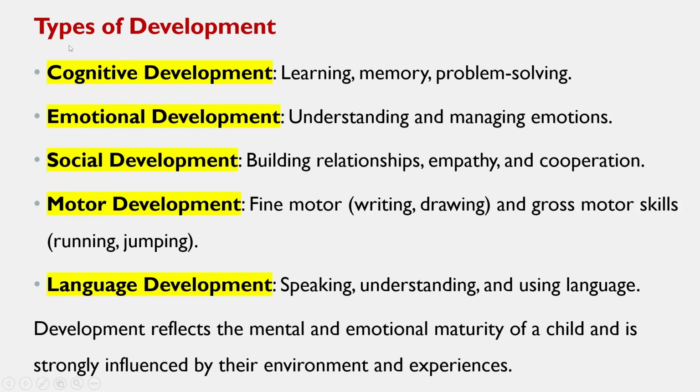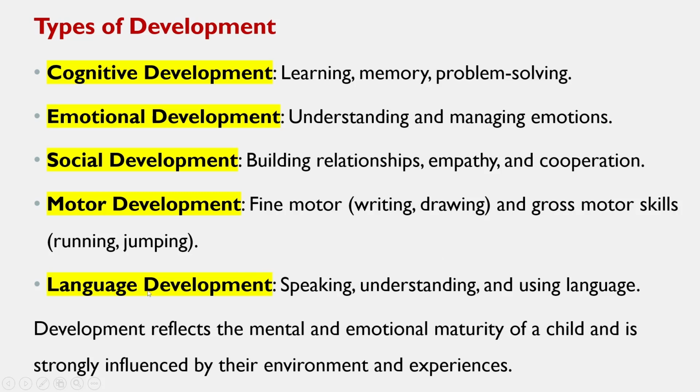Now we are going to discuss the types of development. First is cognitive development, which involves learning, memory, problem solving. Emotional development, understanding and managing emotions. Social development includes building relationships, empathy and cooperation. Motor development involves fine motor skills like writing and drawing, and gross motor skills like running and jumping.